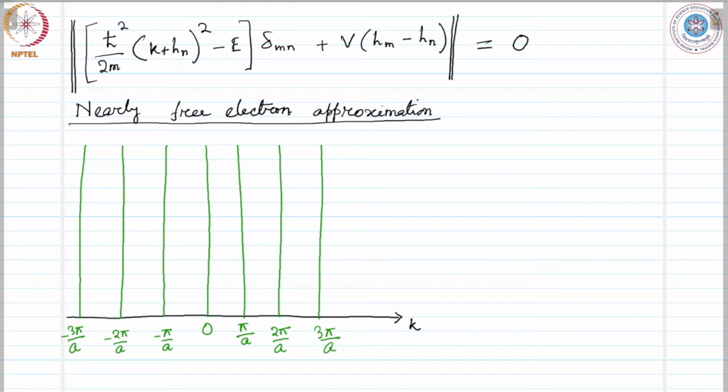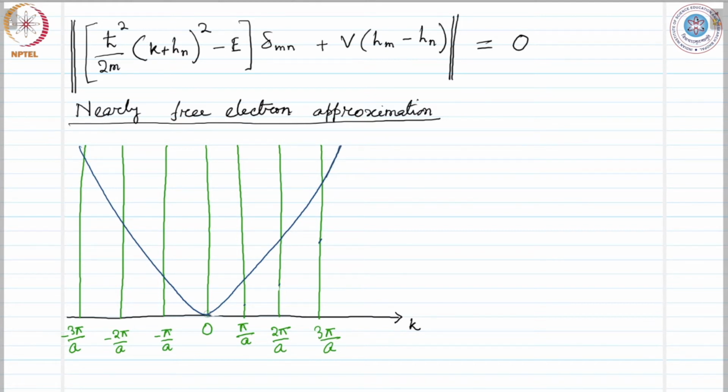And if we now want to represent the free electron energy momentum dispersion, that would look somewhat like, let me draw a bit steeper. That would look somewhat like, and on this side it's a parabola.